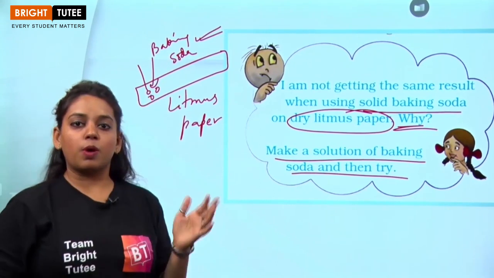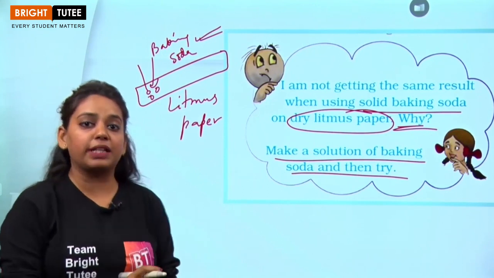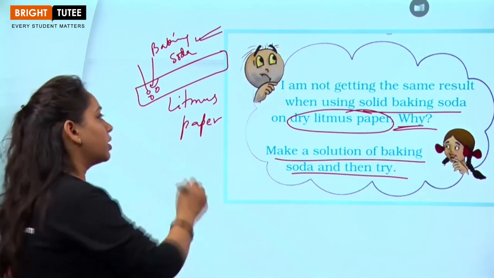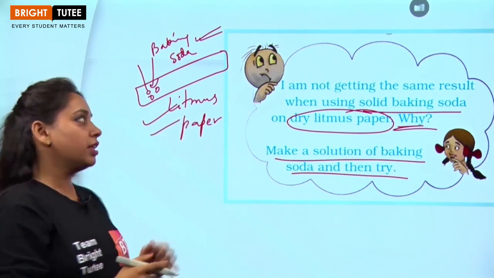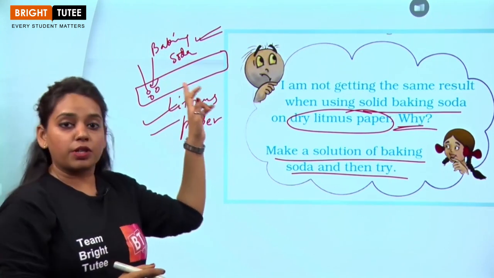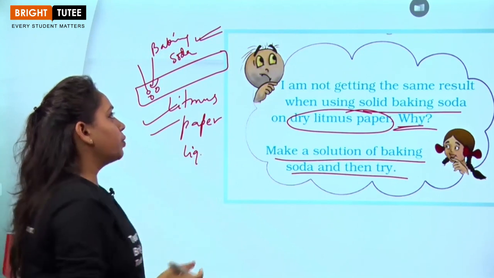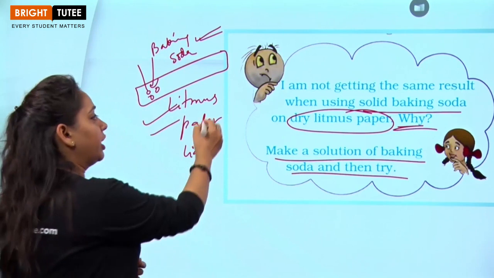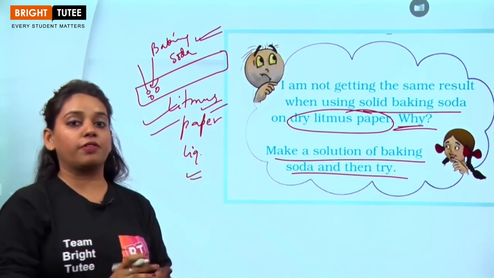In doing so, he is bringing in the ions present in the liquid medium, that is, we are getting the desired medium for the litmus paper to show the change in color. So it is essential that you have your substance in liquid medium. Either you can make a solution of baking soda, or you can use litmus solution.